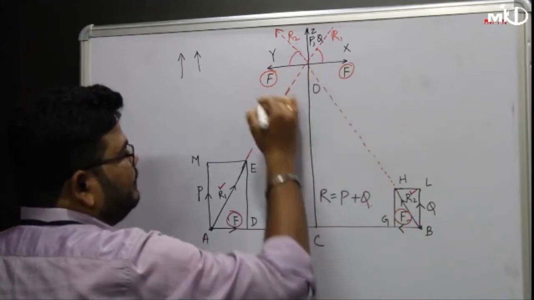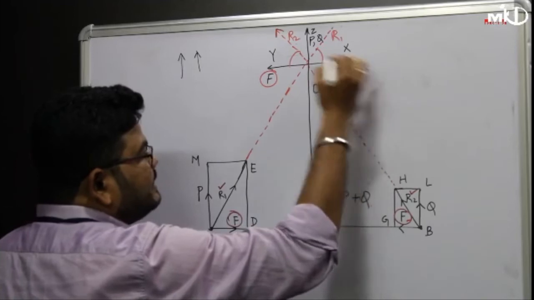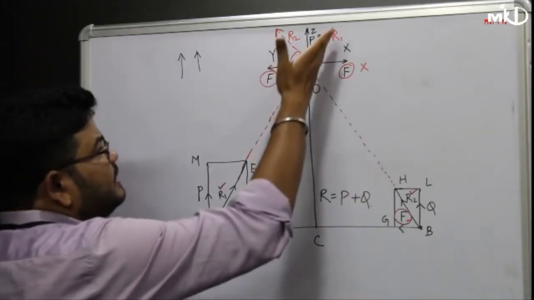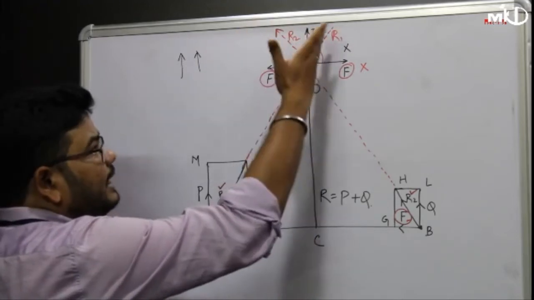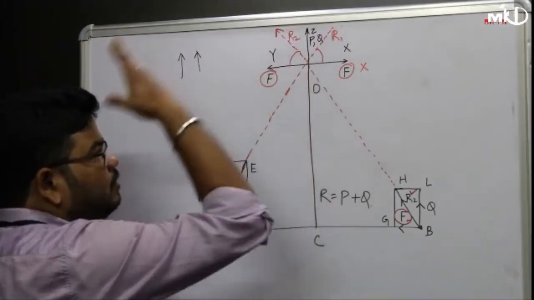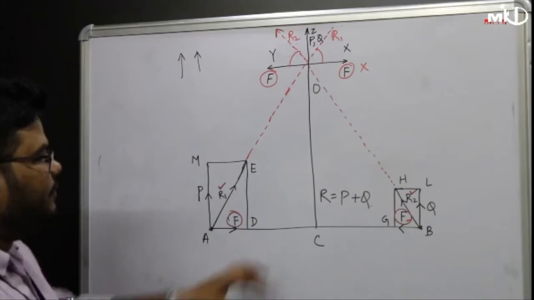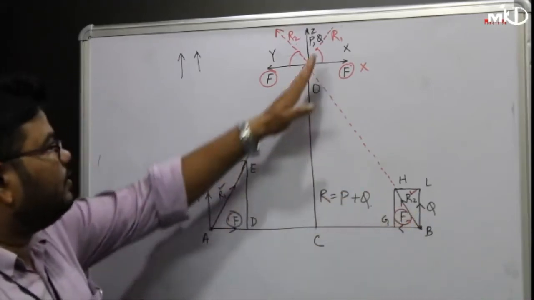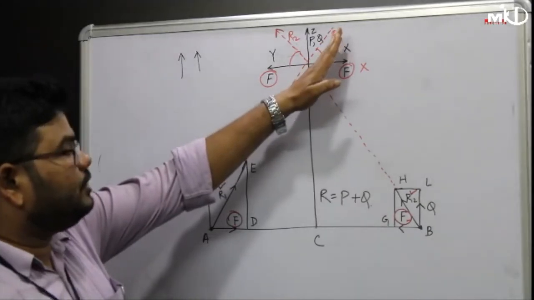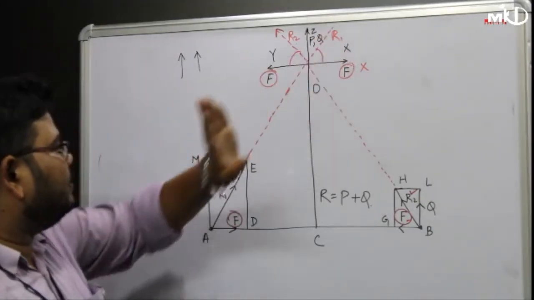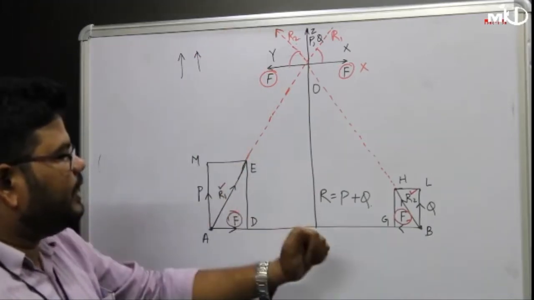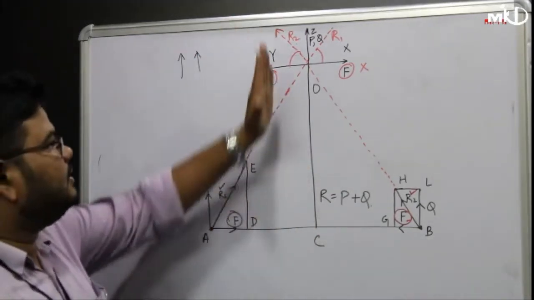Again we get F here, which cancel out each other. So the remaining portion, that means the vertical component of R1 and R2, will represent the forces P and Q. The vertical component of R1 will represent the force P, and the vertical component of R2 will represent the force Q.